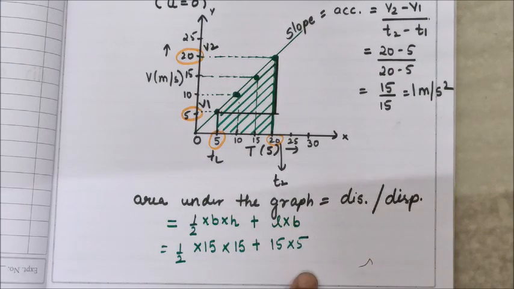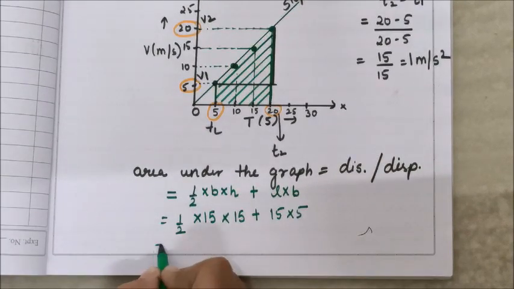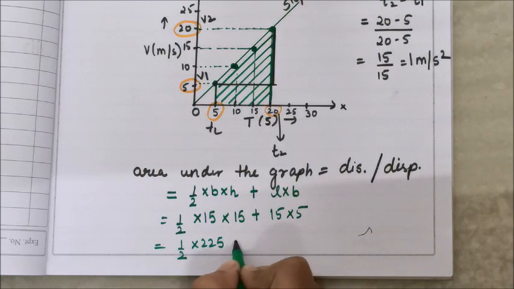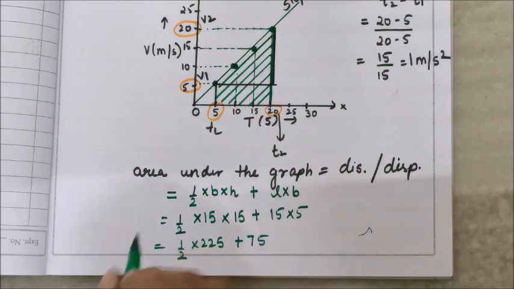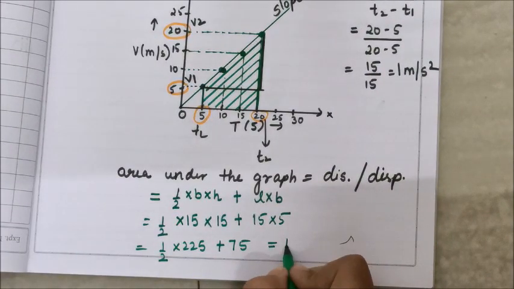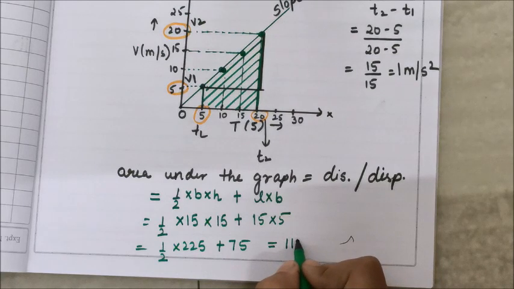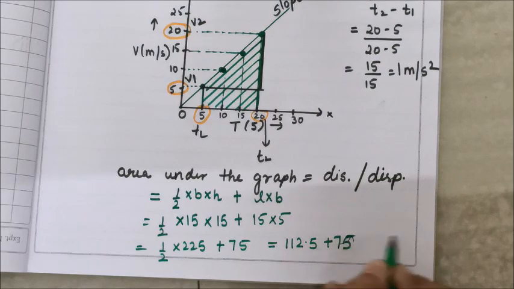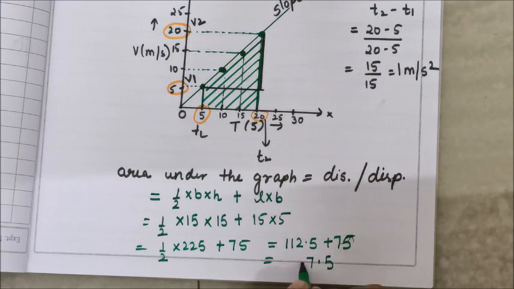So when we solve this out, we get 1 by 2 into 225 plus 75. So we get 112.5 plus 75. Now if we add up, we get 187.5 as the answer.